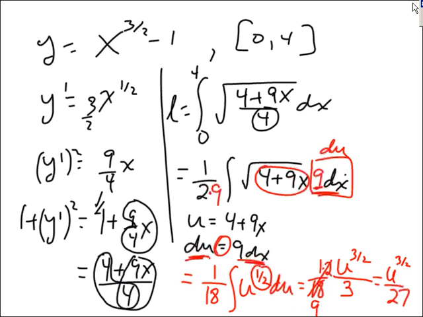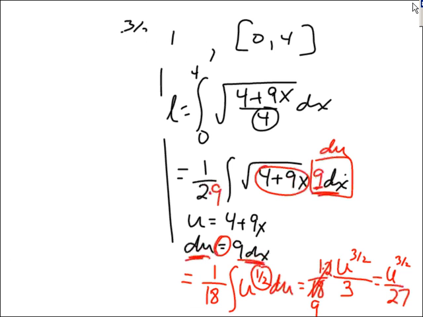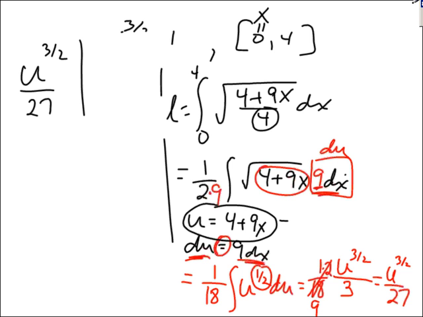Now, there's a couple of ways to proceed from here. Last time we had a similar problem, we converted a u back to x's, but now let's keep the u's. We have u to the 3/2 over 27. We have to find the limits. Well, remember, it started with x equals 0. If x equals 0, then u is 4 plus 9 times 0, or 4.